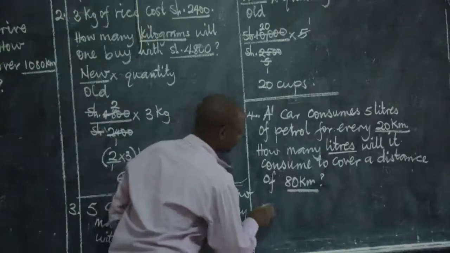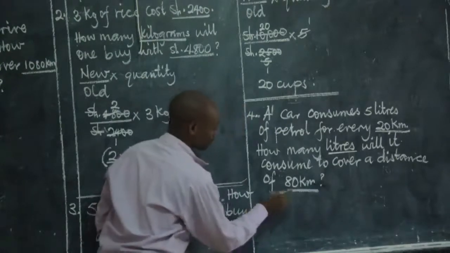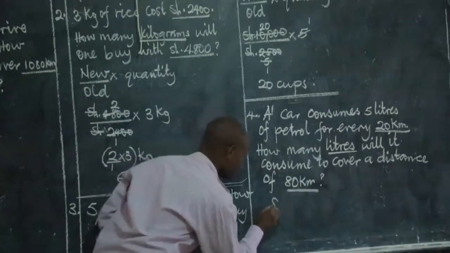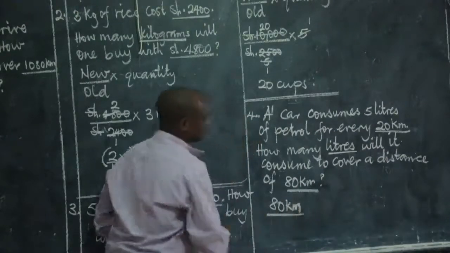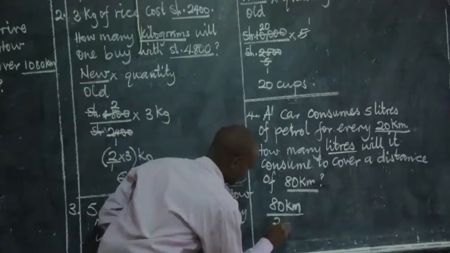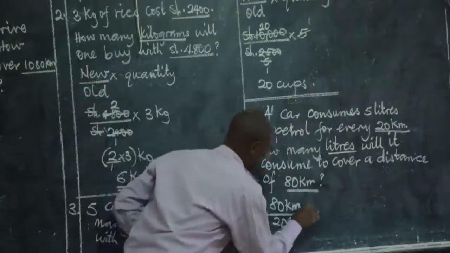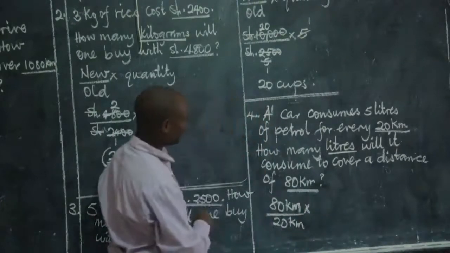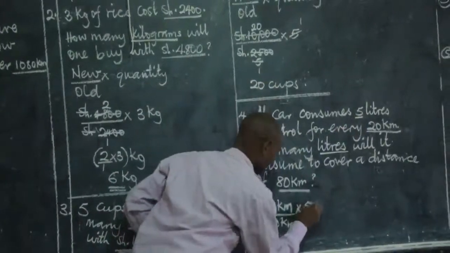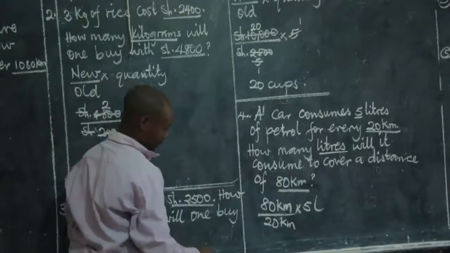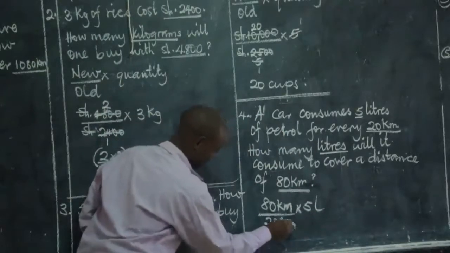So we are looking for the number of liters it can consume to cover 80 kilometers. So we get 80 kilometers. We divide it by the old distance, which is 20 kilometers, then times the quantity. Which one is the quantity? We have remained with 5 liters. 5 liters. Okay?